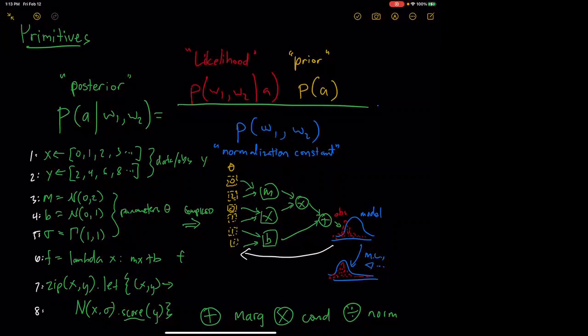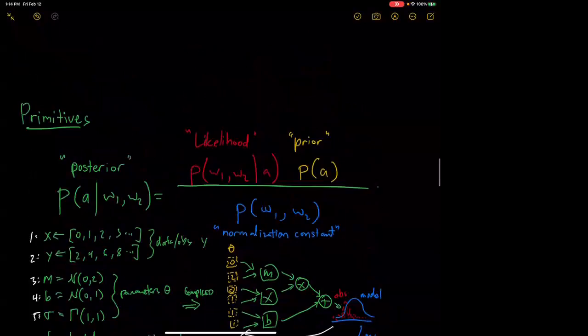We'll show an example of how you can invert a distribution or a cumulative density function in order to obtain samples from simple distributions, and then compose those to sample from more complex ones. Okay, so that gives us an idea of how these probabilistic programs can be executed on the deterministic machine.